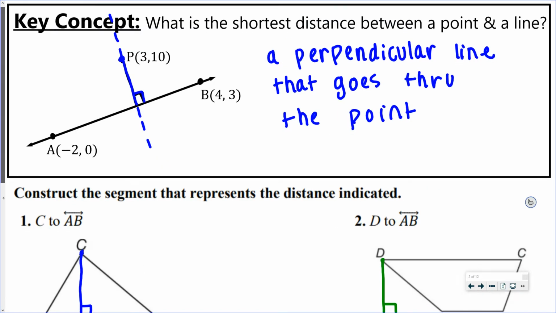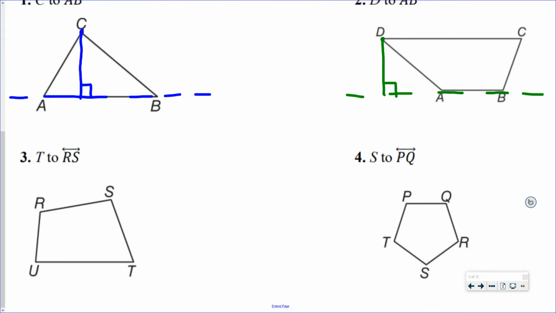Okay, you guys try 3 and 4. T to line RS. S to line PQ. Number 4 is probably easier because from point S to PQ would be right down the middle of that pentagon.